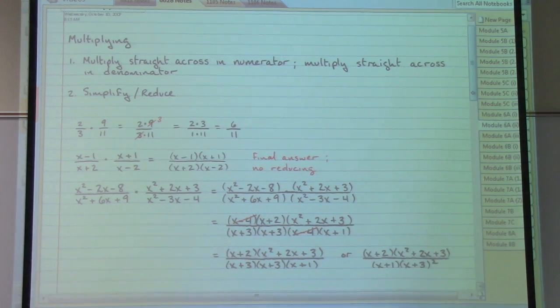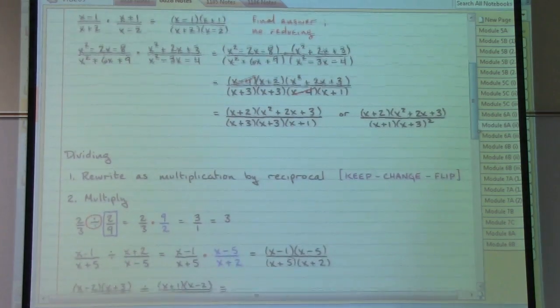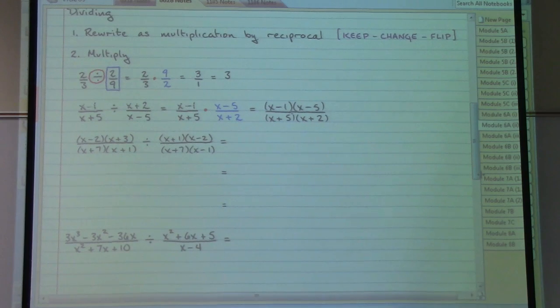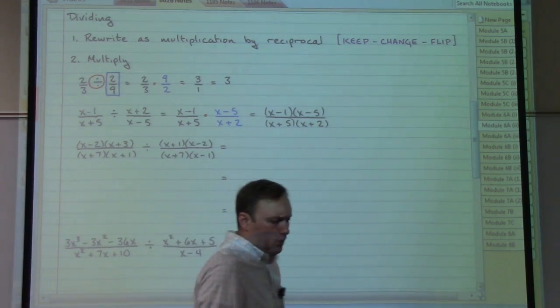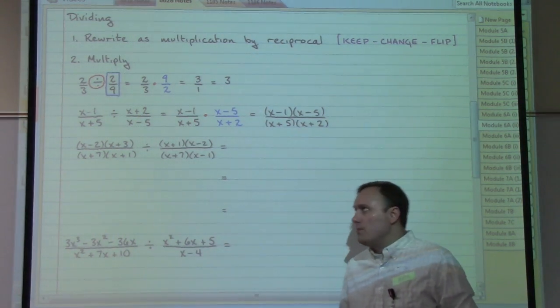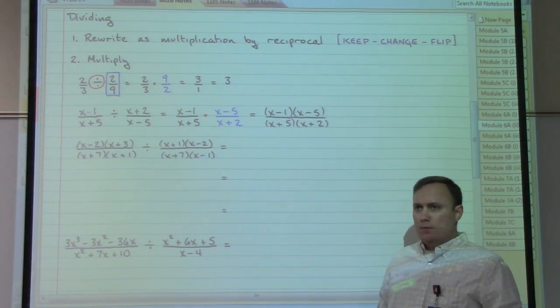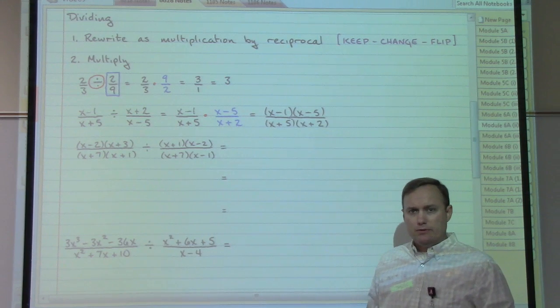Now, if you recall the division of numerical fractions, we have previously said that we would transform division problems into multiplication problems, where we would rewrite by using multiplication by the reciprocal.